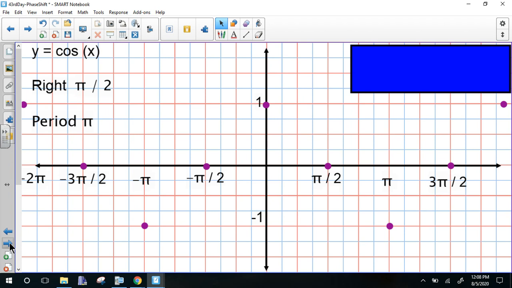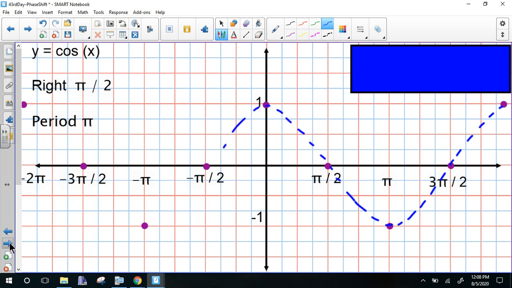So here's my graph of cosine. I've already got the points I need. We're going to move it right pi over 2. The period is pi.